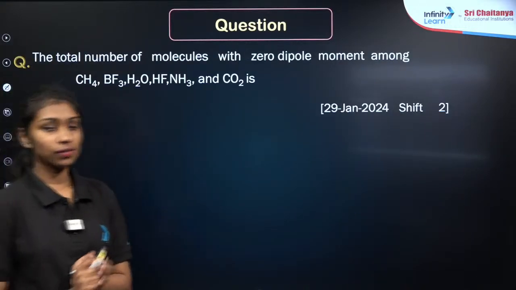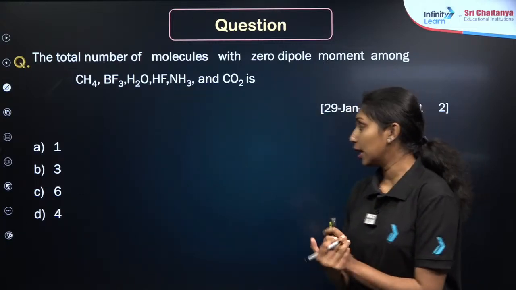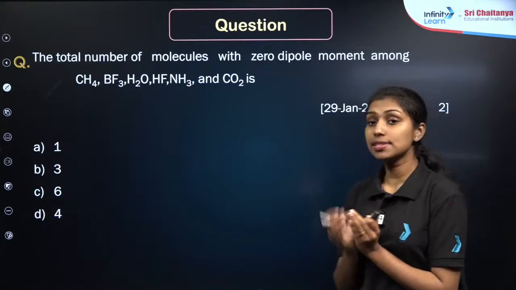Okay, here is the last question. This question is based on the calculation of dipole moment. Few molecules are given here. You have to identify the total number of molecules with zero dipole moment.